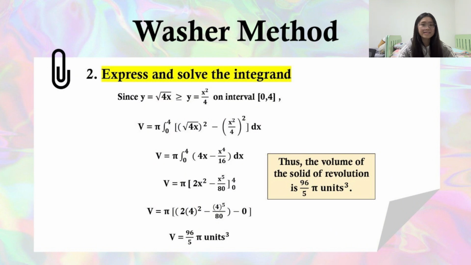Then a is equal to 0 and b is equal to 4. Then we can start to do the integration. After the integration, the final answer is 96 pi over 5 units cubed. Therefore, the volume of the solid of revolution is 96 pi over 5 units cubed.